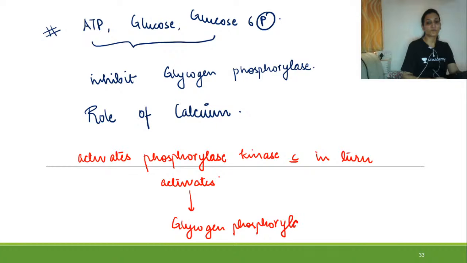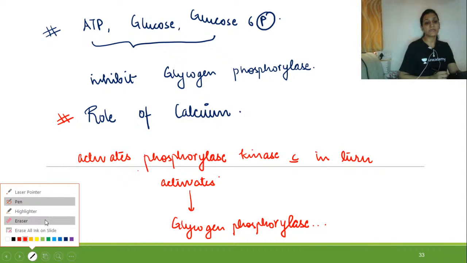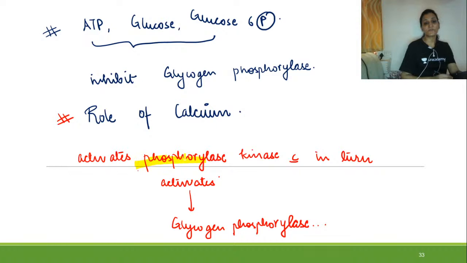Fine. So this was about calcium: it activates phosphorylase kinase, and phosphorylase kinase activates glycogen phosphorylase.